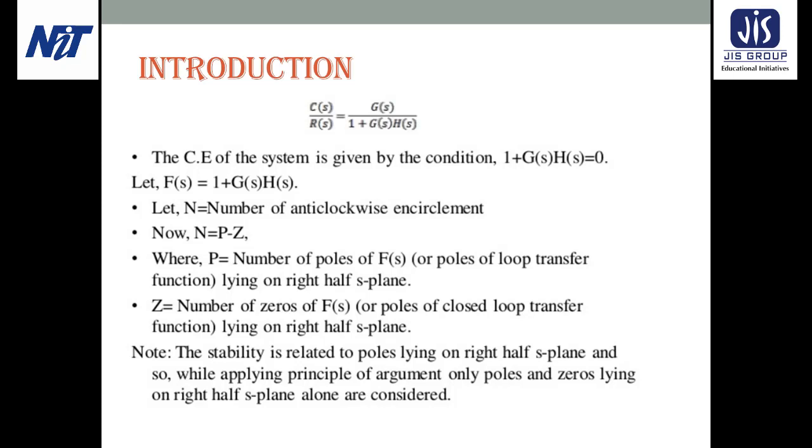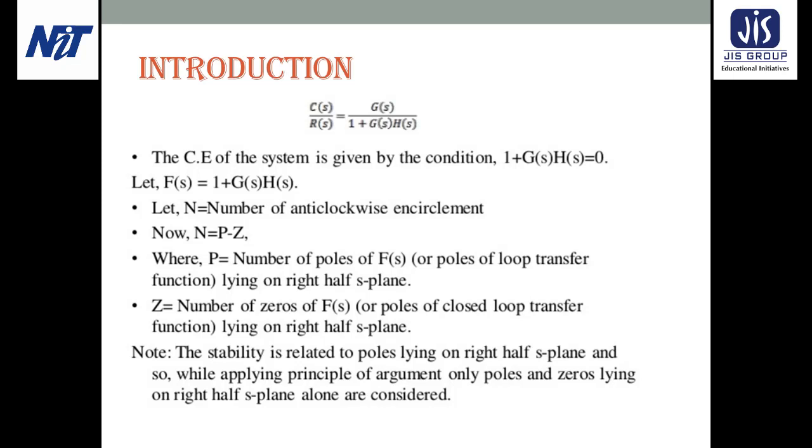Now if we consider that N is the number of anti-clockwise encirclements, then N is equal to Z minus P. Generally, N can take a positive value if Z is greater than P, or a negative value if Z is less than P, or 0 if P is equal to Z. And Z is the number of zeros of Q(s) or F(s) encircled by the contour, and P is the number of poles of Q(s) or F(s) encircled by the contour C.